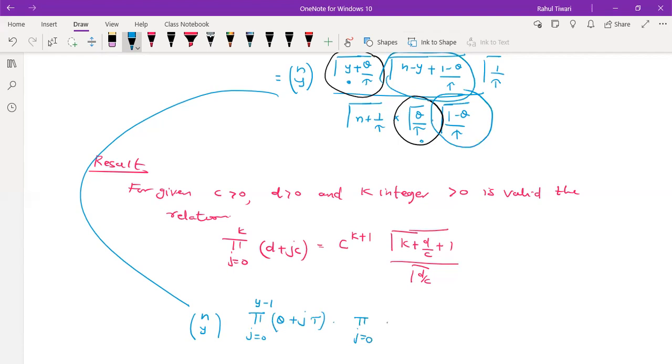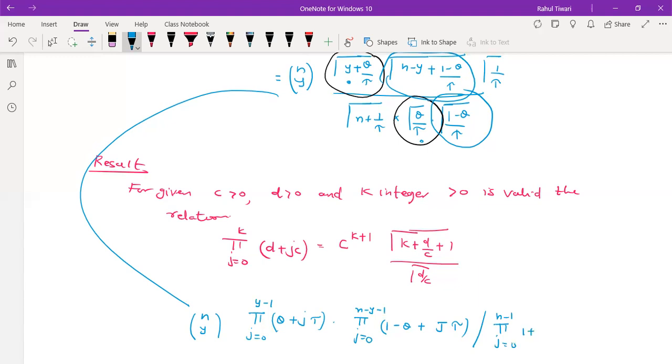So this is 1 minus theta plus j tau, n minus y minus 1, whole thing divided by, we have this term in the denominator because we take the reciprocal of this. So this is the same as the product of j running from 0 to n minus 1.